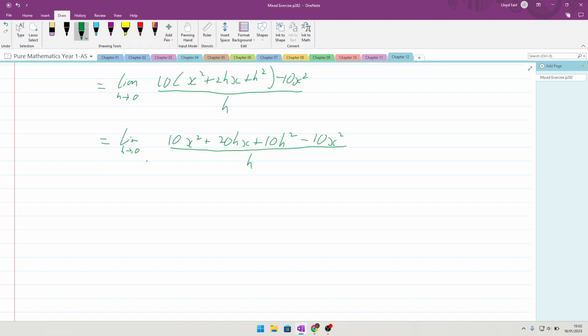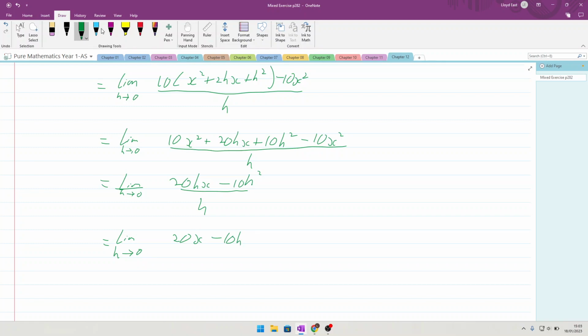And so as we tidy that up on the top there, we can see that 10x squared and the minus 10x squared cancel, leaving us with 20hx plus 10h squared all over h, and that gives us, cancelled by the h, 20x plus 10h.